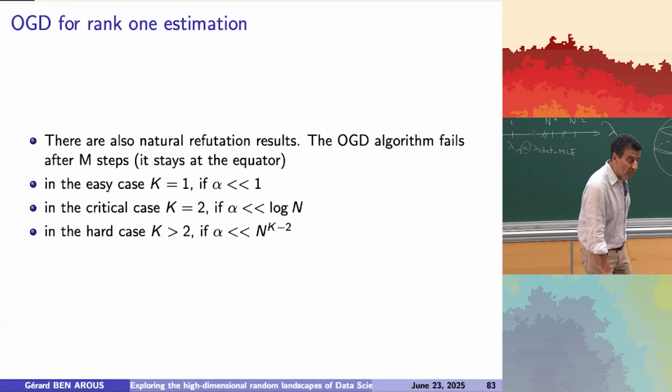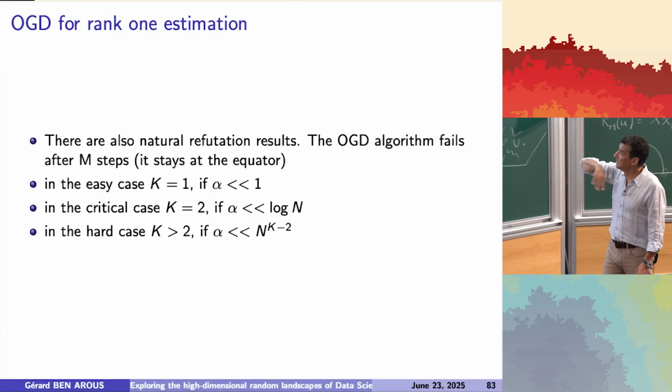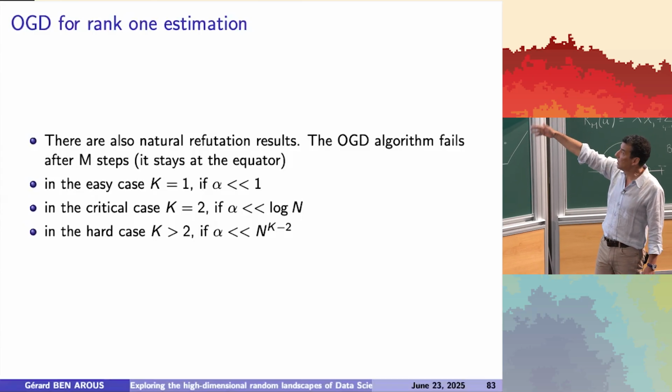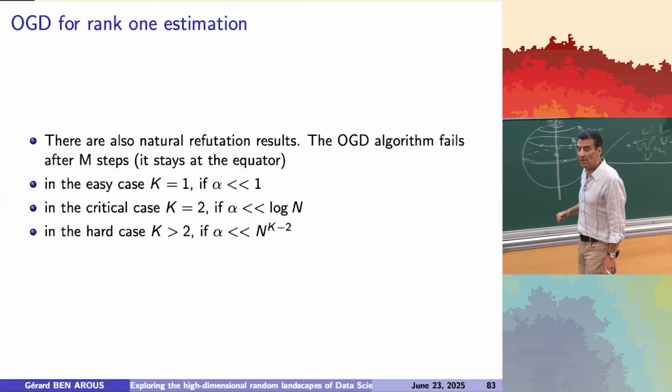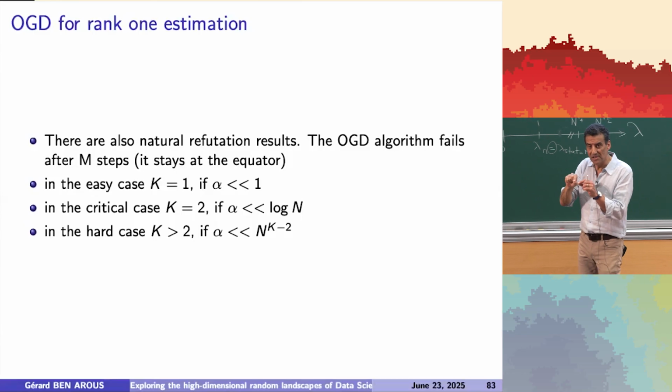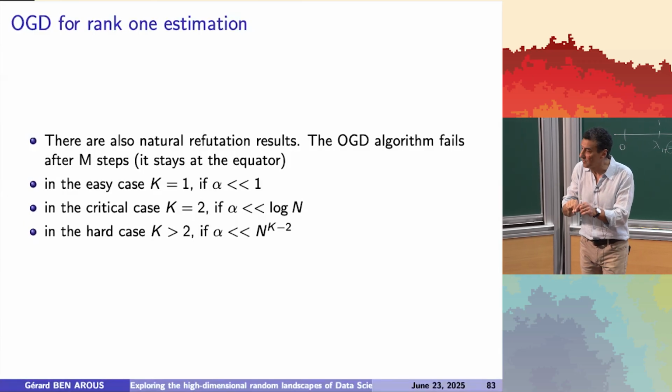You also have a refutation result: when you're on the wrong side, when alpha is less than 1, or much less than log n, and much less than n to the k minus 2, you can prove that the online algorithm doesn't work. That is, you stay stuck at the equator. You stay stuck in the mediocrity.